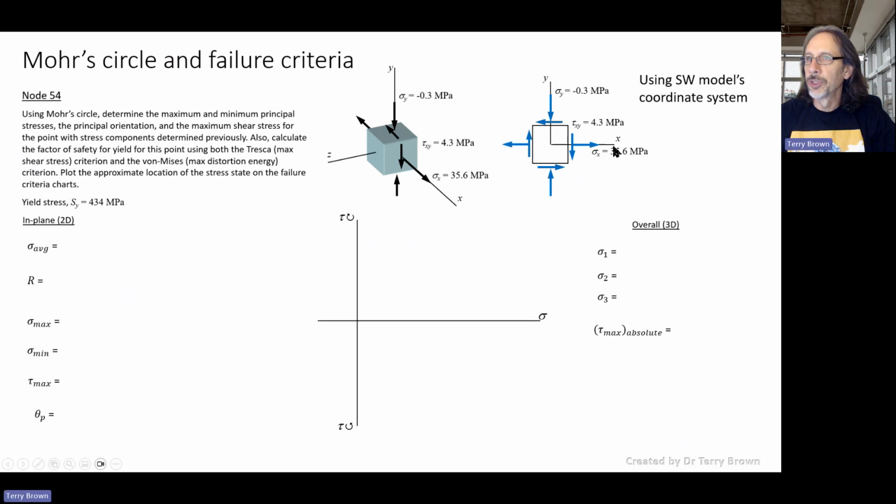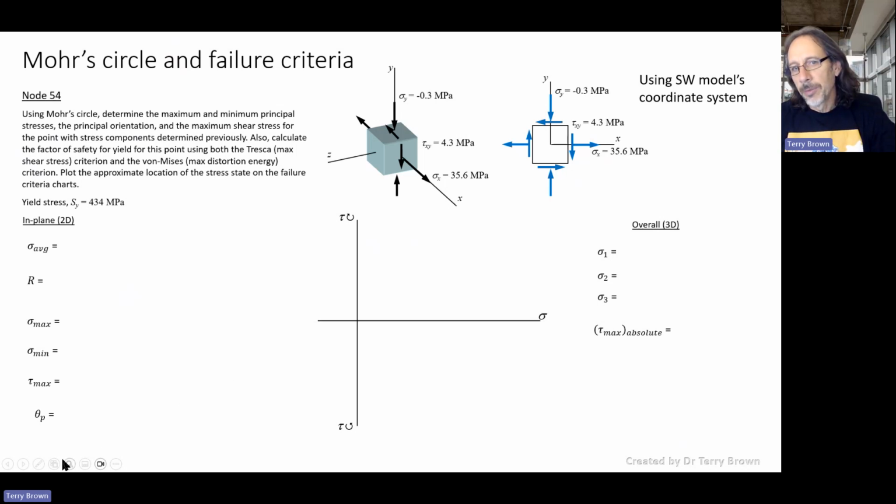To draw Mohr's circle, we look at the pairs of stresses on the faces in the X and Y directions in this case. In the MOT example, it would be Z and Y. So you need to be able to convert from X and Y to Z and Y, and understand how to do Mohr's circle if you've got different axes than X and Y. Anyway, we're going to use this.